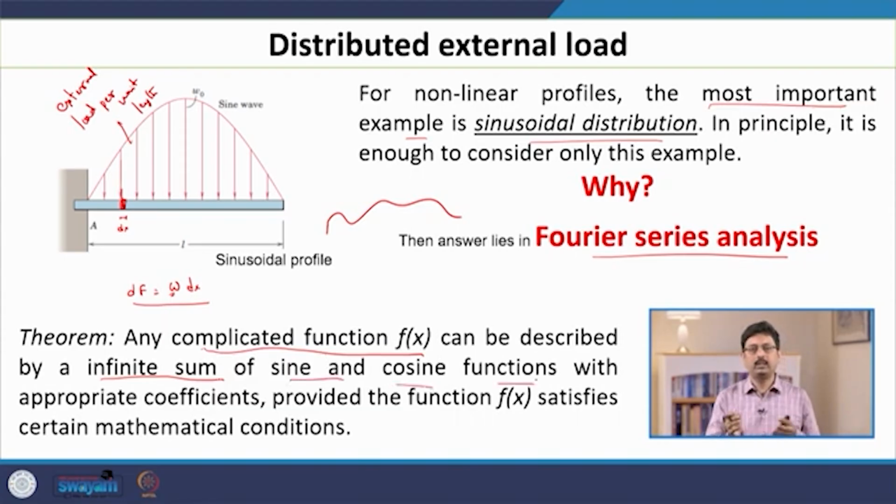So, you can always analyze them in terms of components. Each component is a sine profile or a cosine profile with appropriate coefficients, provided the function f(x) satisfies certain mathematical conditions. If we understand the sine and cosine profiles, then by combining them we can understand any nonlinear profile.